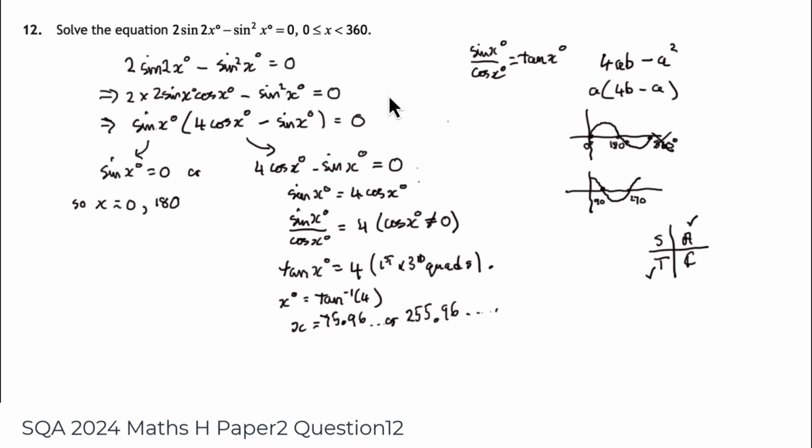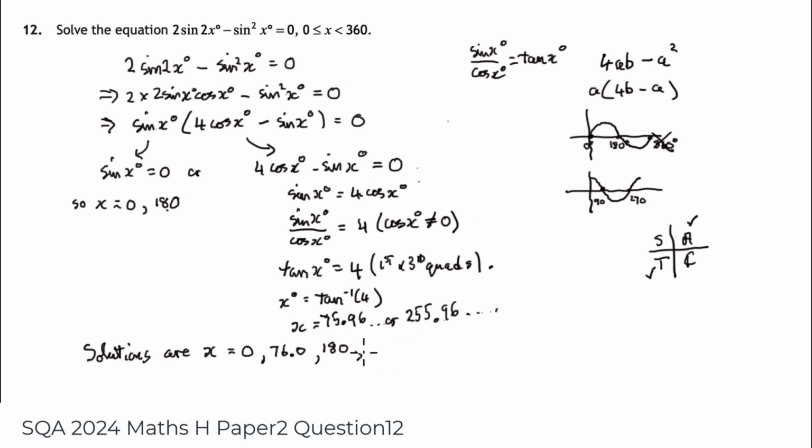Now, we're not told what accuracy to give, so let's just do it to 1 decimal place. And let's put them in order. Solutions are x equals 0, 75.9, if we take that to 1 decimal place, 76.0. Next up's 180.